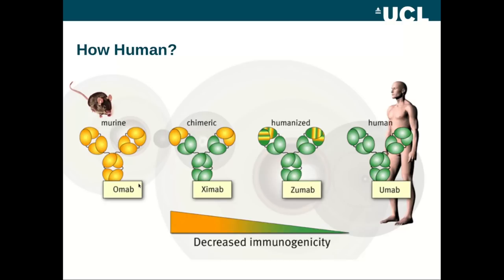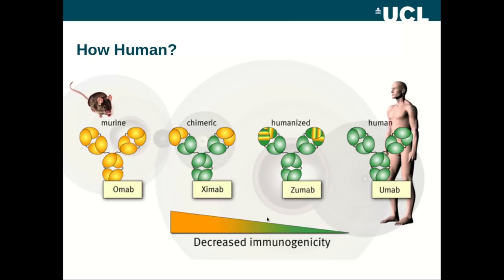Now, what I've shown at the bottom of each of these is part of the name of these international non-proprietary names. So mouse antibodies were known as omab, chimeric iximab or zimab, humanized zumab and human umab.